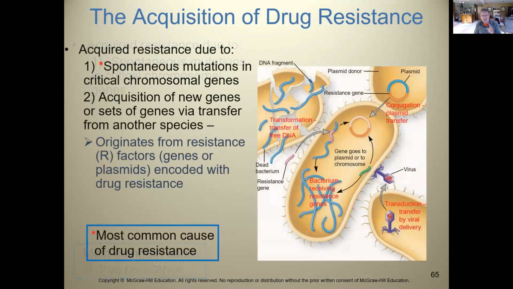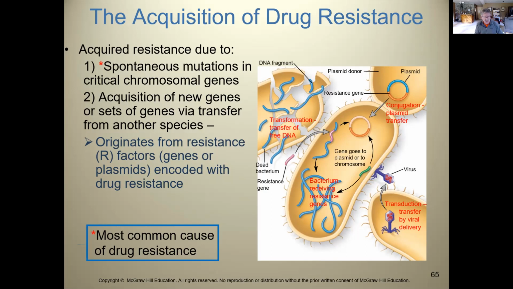We'll show you an example of this in a diagram in just a minute, but let's talk next about the second mechanism of how bacterial populations acquire resistance to drugs. And this stems from mechanisms that we've already talked about, this notion that cells can take up naked DNA from their surroundings.